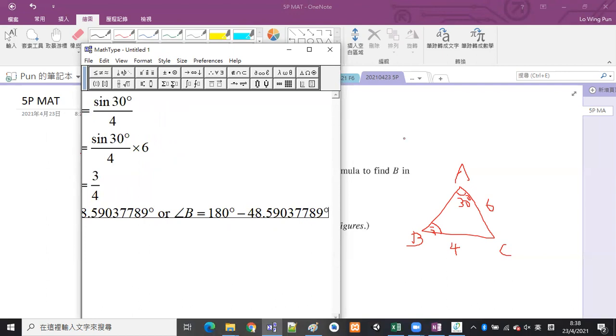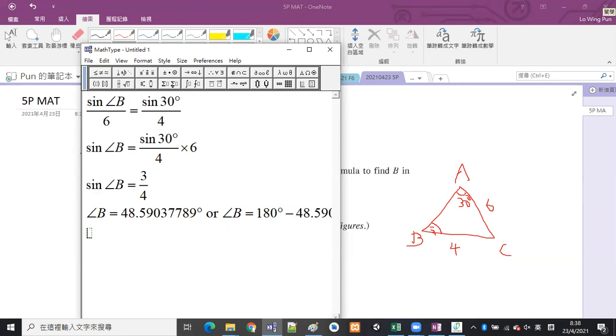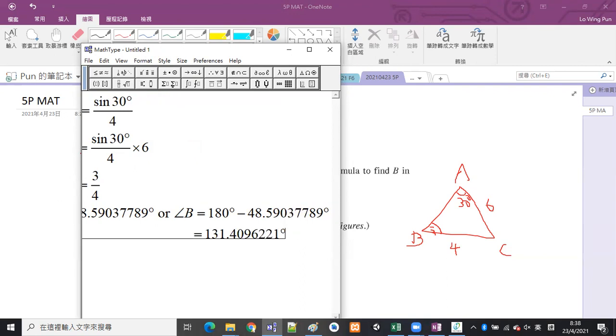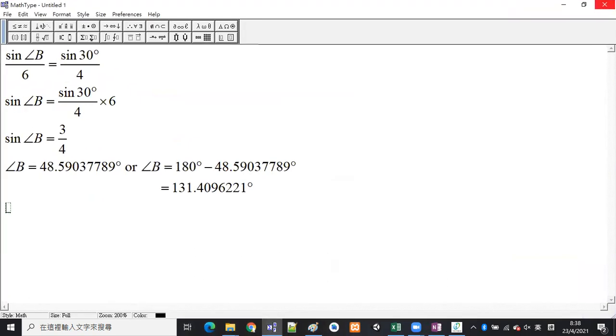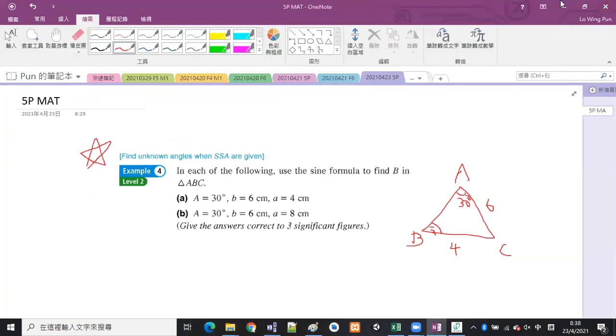Okay, 131. Yes, thank you. It should be 131.409622 degrees. So we have two possibilities.